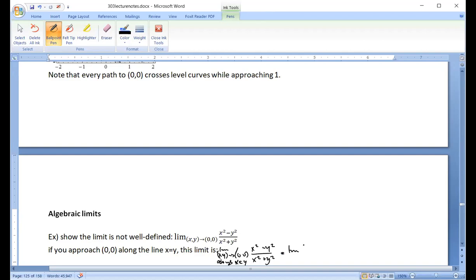That gives us x squared minus x squared over x squared plus x squared. And now, since we've replaced y, it's just the limit as x goes to 0. We've eliminated a variable. And that's just the limit of 0 over x squared. And of course, that limit is just 0.